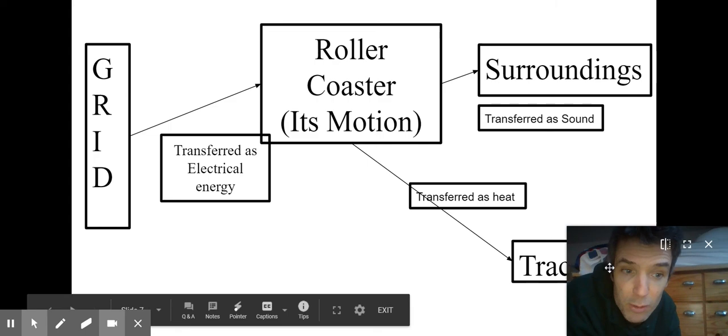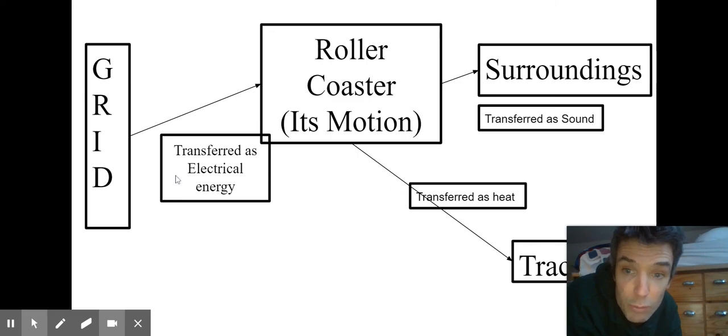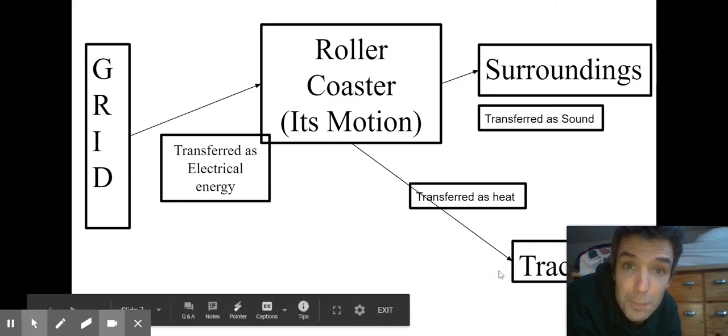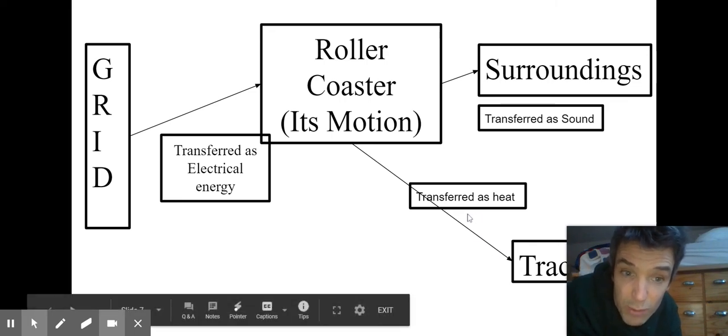I was trying to move my little dude here. But that's where most of all that energy from the grid goes. It goes into the track, into the brakes of the roller coaster, and it gets transferred as heat. So a lot of it ends as thermal energy.